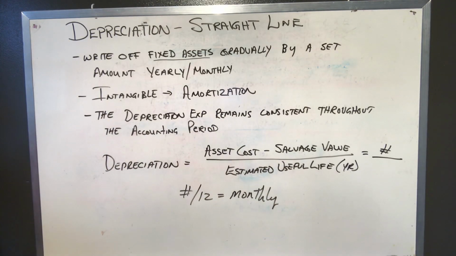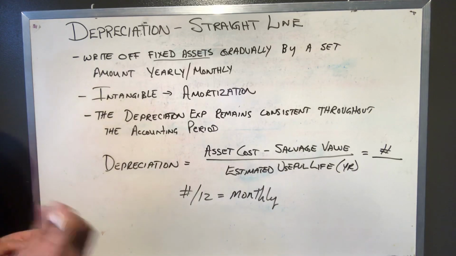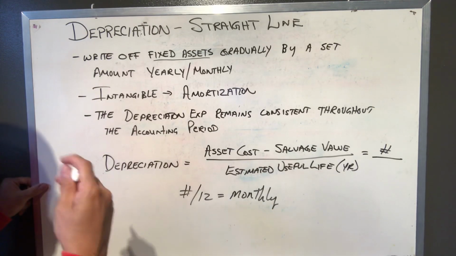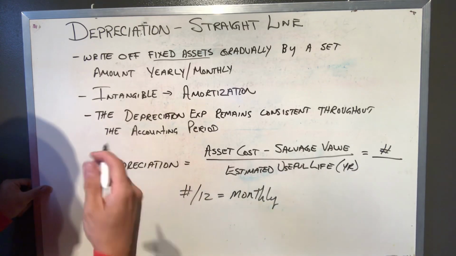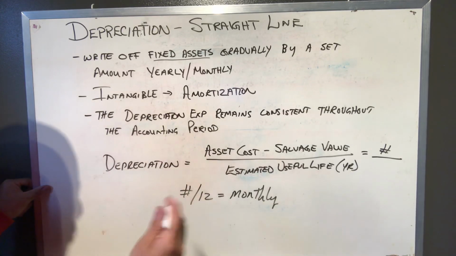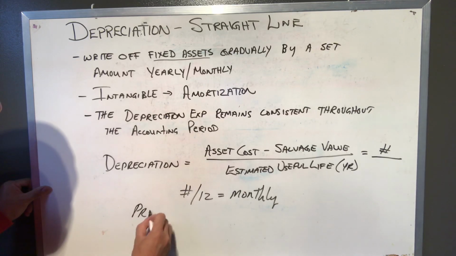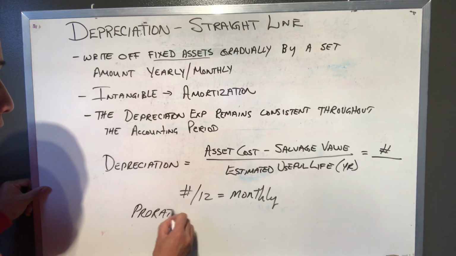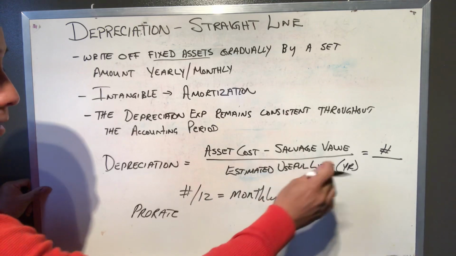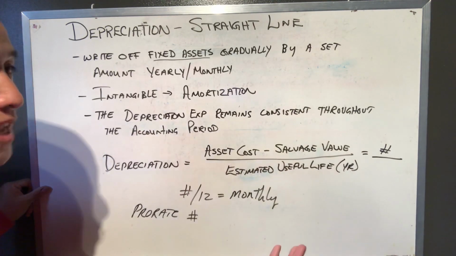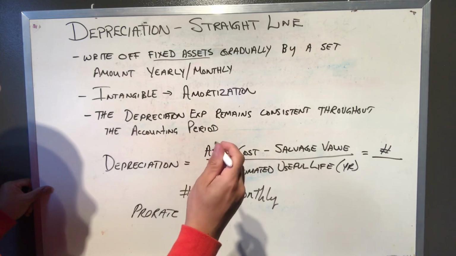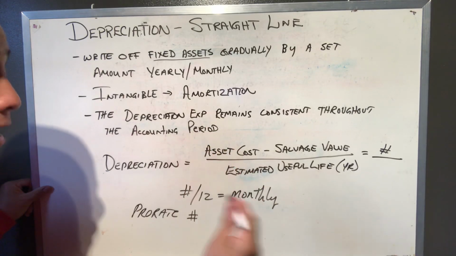If, for example, it was not over a whole year, say there were only 9 months of the year that we're accounting for, then you would do what we call a proration. So you would prorate it, and take this number times, say for example, if it was starting on April 1st, that would be 9 months.